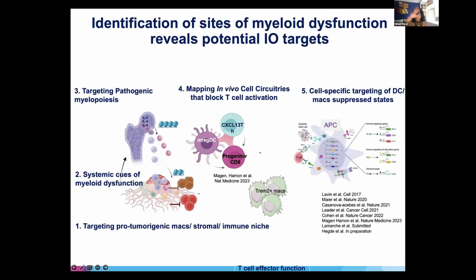So if I want to summarize now what I described to you earlier, I described a different side of myeloid dysfunction that we think we should be focusing on if we want to restore anti-tumor immunity. We need to identify systemic cues of myeloid dysfunction, targeting pathogenic myelopoiesis as I described to you.